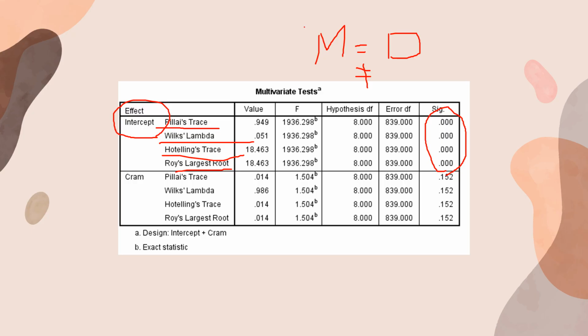Reject this one, right? Accept this one. So the model is not equal to data. So it's reject the null hypothesis. It's an alternative hypothesis for this one.